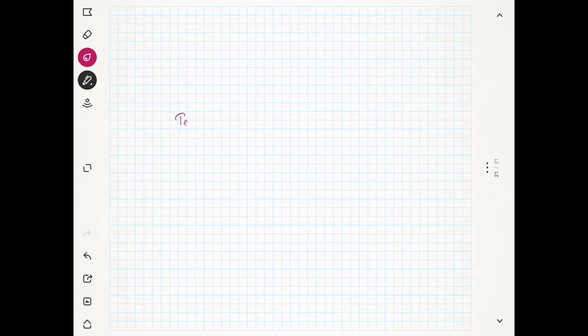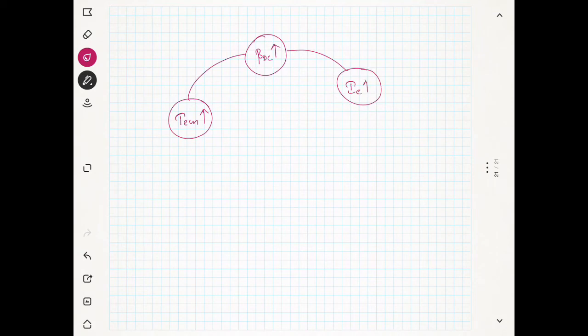As the temperature increases, it will lead to an increase in beta DC. As beta DC increases, it will increase IC. Since IC increases, you know that VE is IE into RE plus VEE, right? Now VE increases.